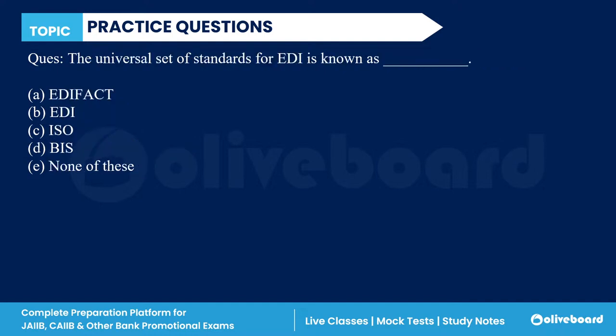Okay, next. The universal set of standards for EDI, electronic data interchange, is known as what? EDIFACT, EDI ISO, or BIS.